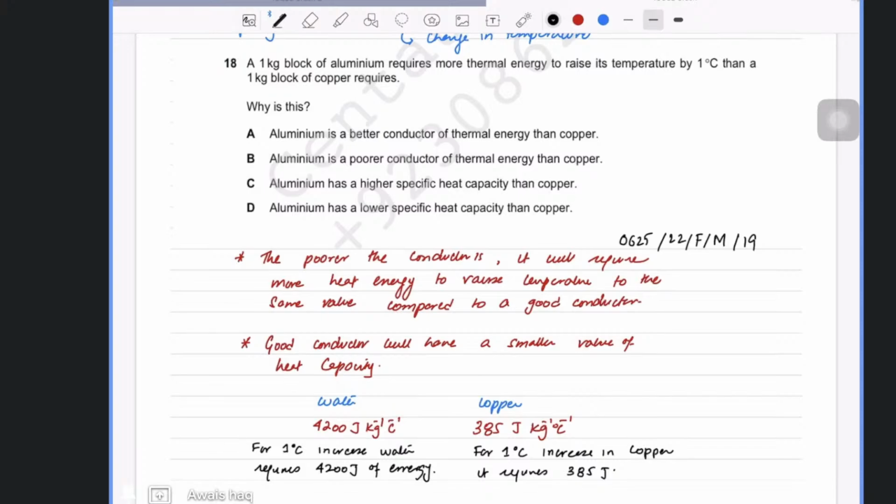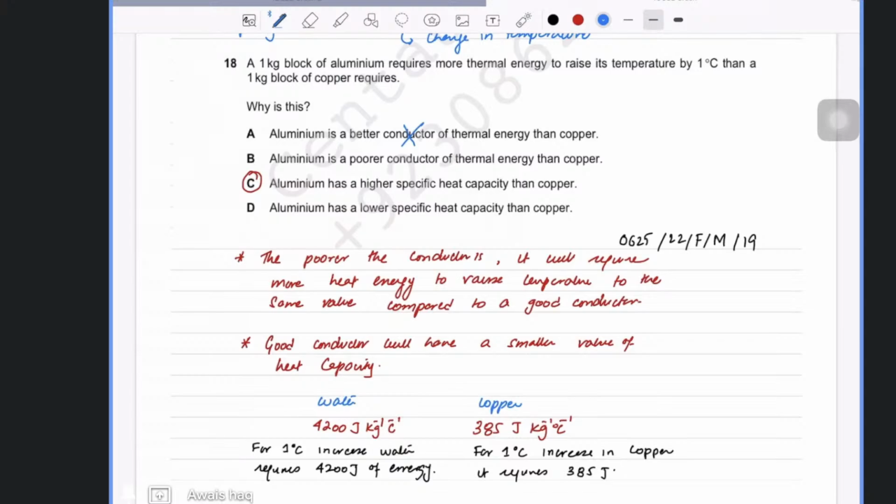Okay, now the real answer to this is C, neither B nor D. I'm just going to explain why. The first one states that aluminum is a better conductor, that is absolutely wrong, because it is not. If it was, it would have taken less energy to raise its temperature. Aluminum is a poor conductor.